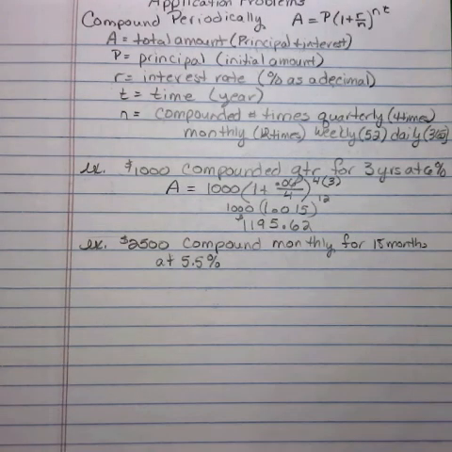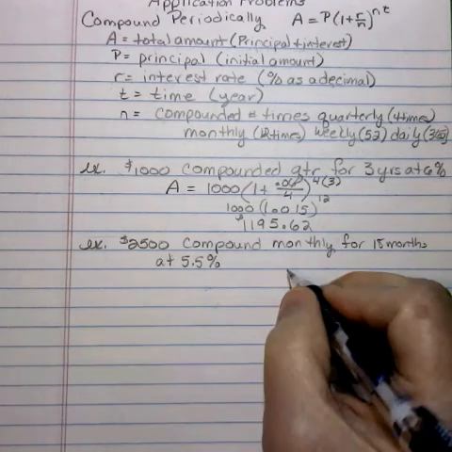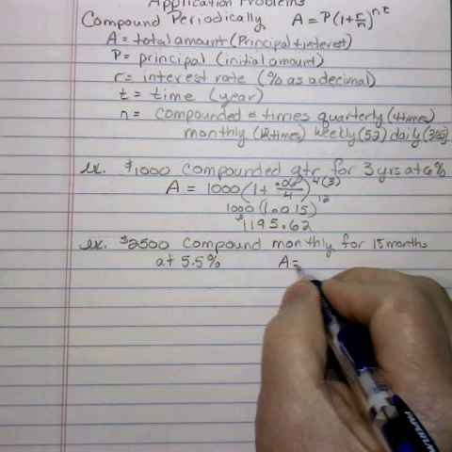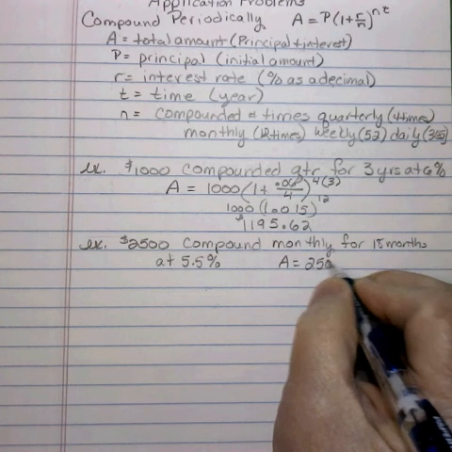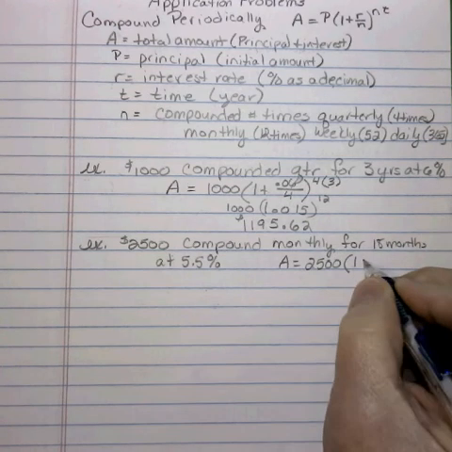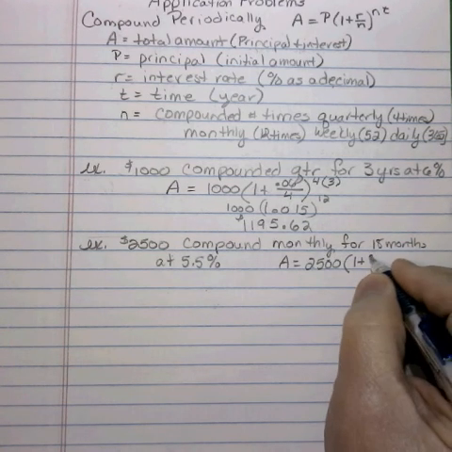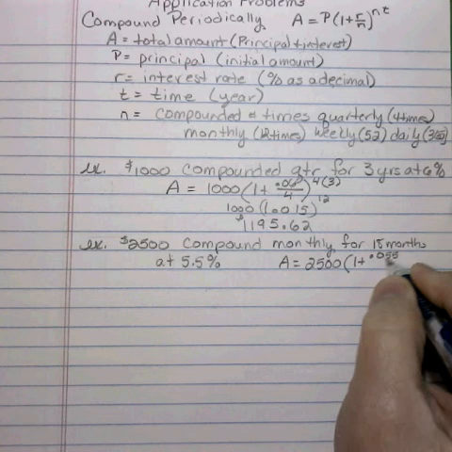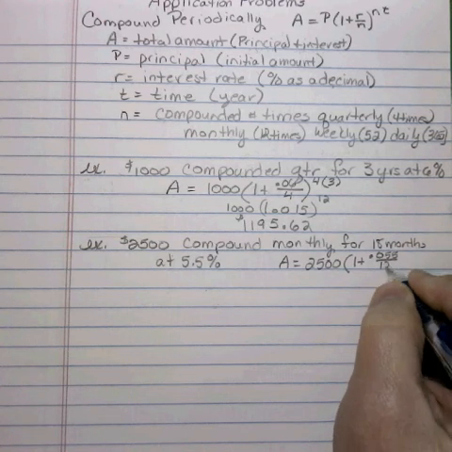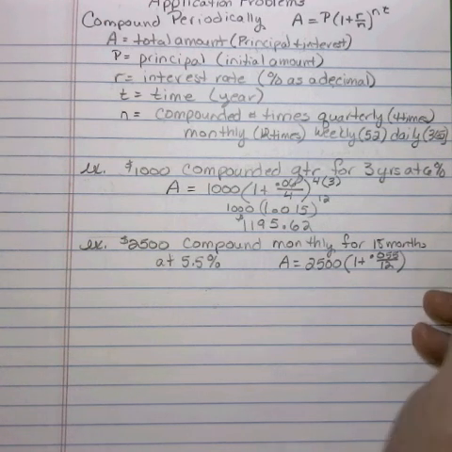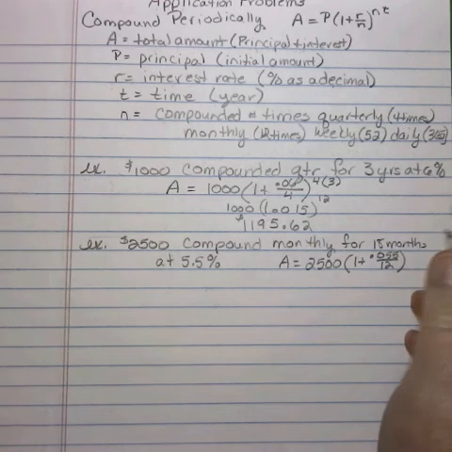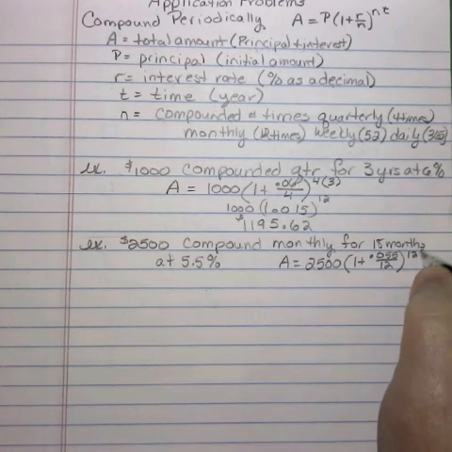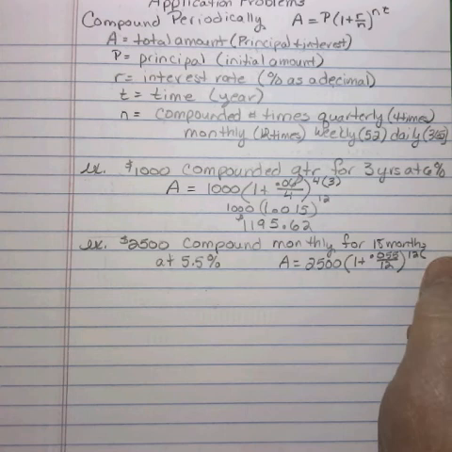So again, the first thing that I'm going to do is to set this up in the formula. A equals 2,500 times 1 plus 0.055 over 12 for monthly times 12 again. And for 18 months, that's 1.5 years, so that's 1.5 that I'm using there.